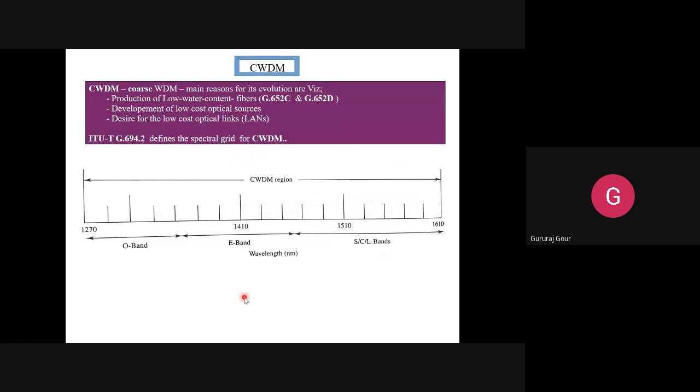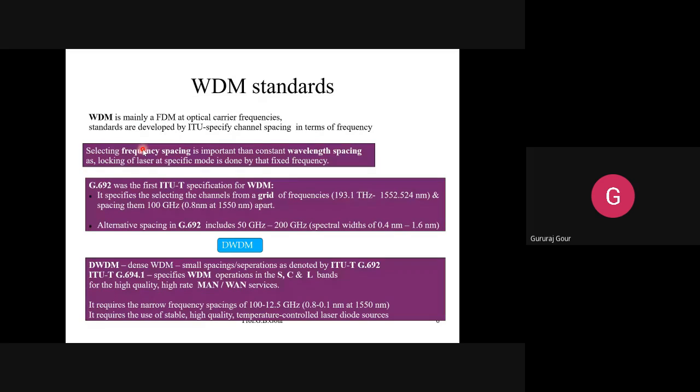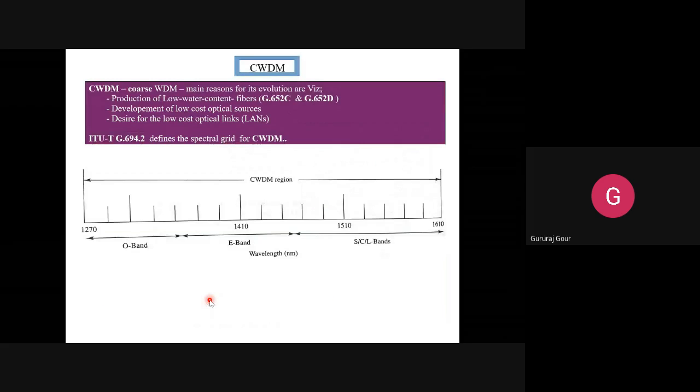Next we'll get CWDM, which is going to support G.694.2. Remember these standards. G.692 is the main one that is divided into two versions: DWDM with G.694.1, then G.694.2, that is CWDM.